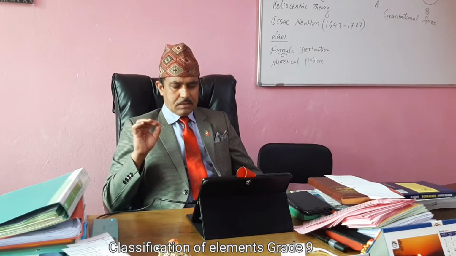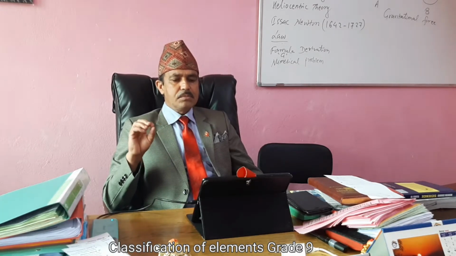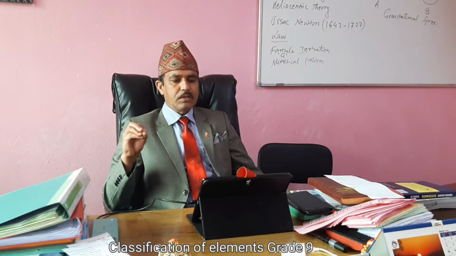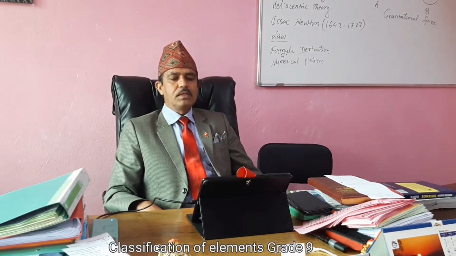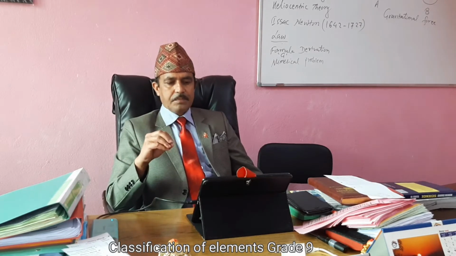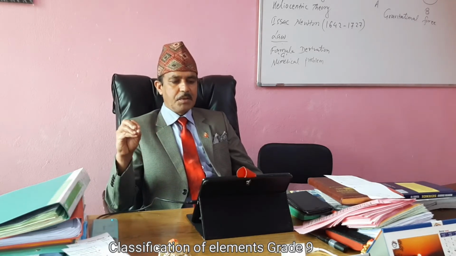Earlier, scientists believed that atom is not further divided into smaller particles, but John Dalton gave one theory in 1806, and he said an atom is made up of smaller particles.